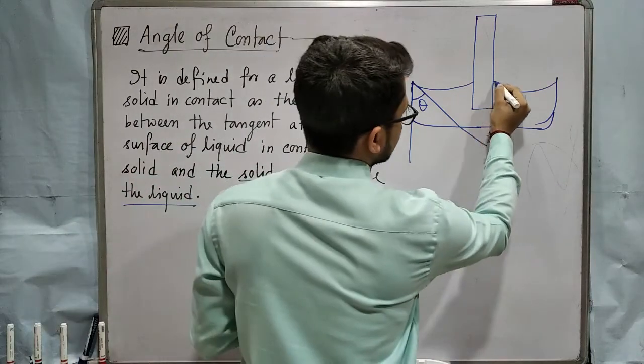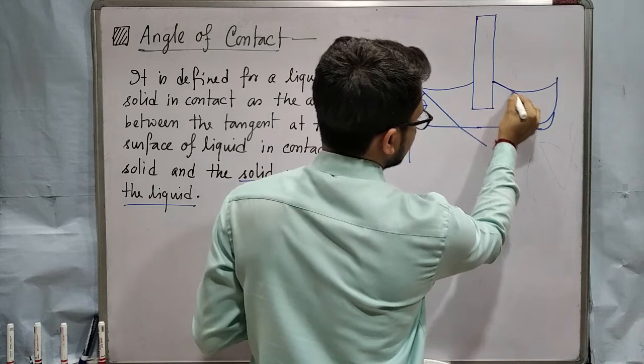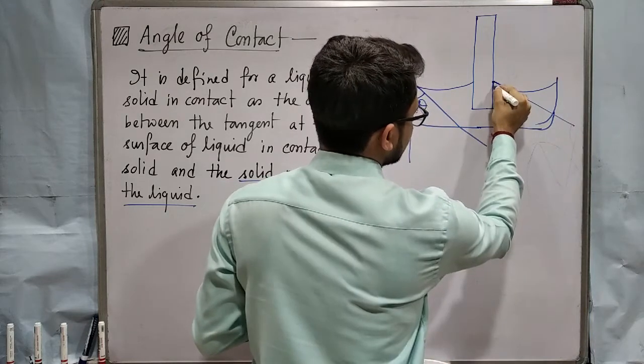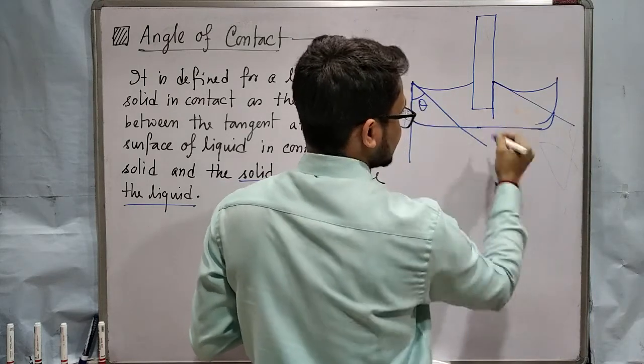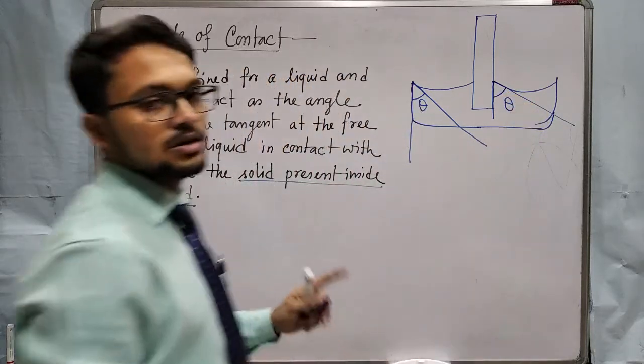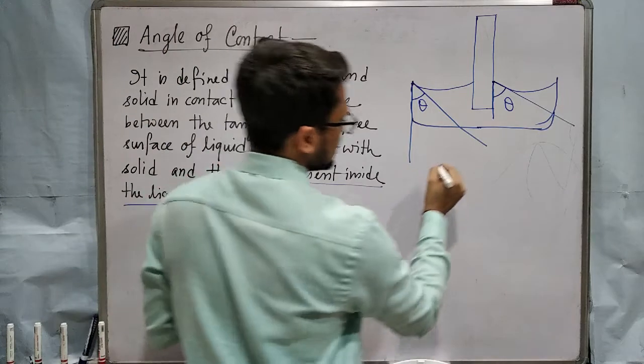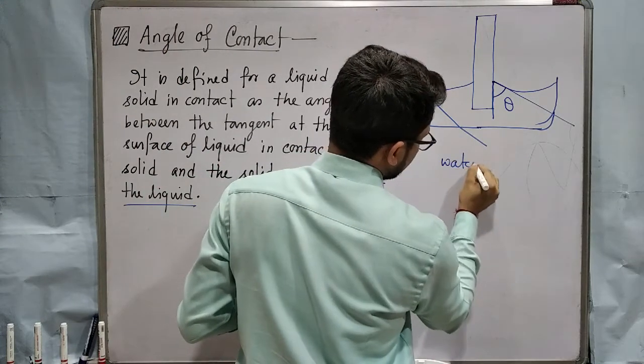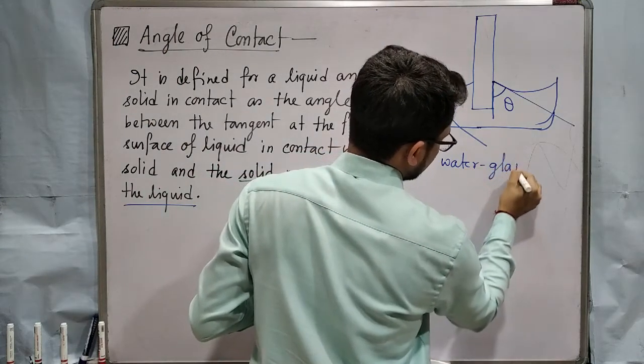Suppose you want to draw at this point, then draw the tangent, and this is the solid present inside the liquid. So this angle is the angle of contact. This is for which case? For water glass.